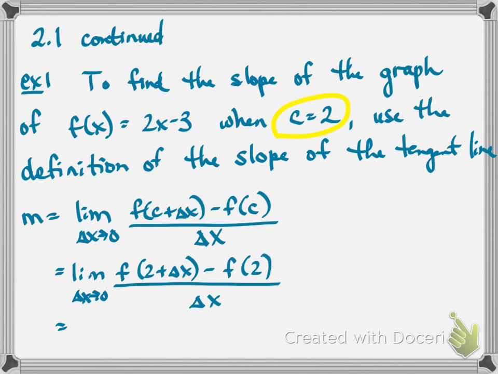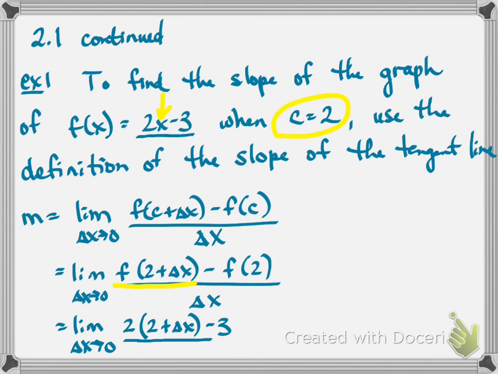And now for this first part of the definition, we're going to go to the f function right here, in place of x, and we're going to put 2 plus delta x. So it's 2 from the f function, parenthesis, 2 plus delta x minus 3. All that is 2 times something minus 3, and we got 2 times something minus 3.